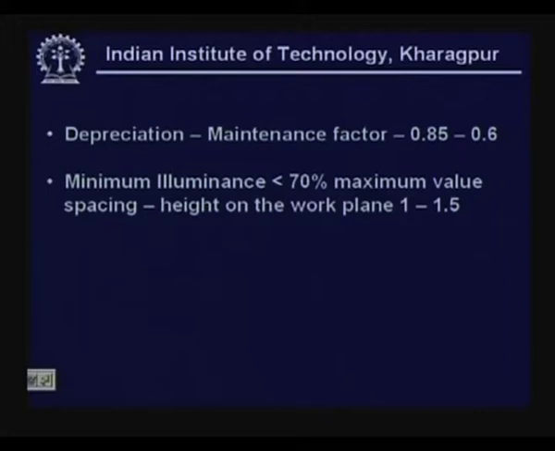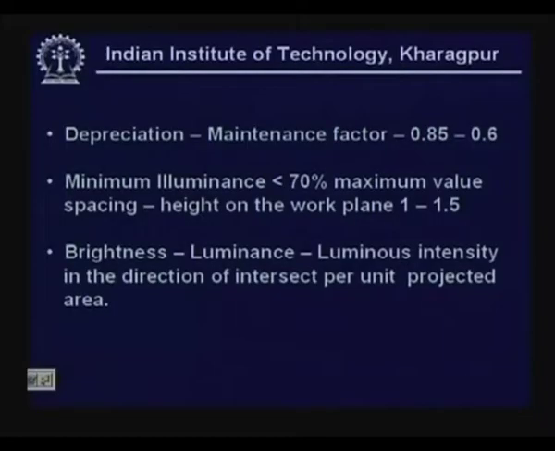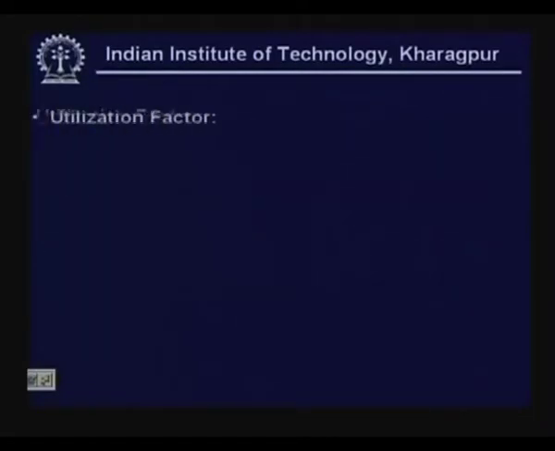Therefore, it should be assured that nowhere in the work area is it less than 70%, and this has in fact been found to be achievable if you have multiple lamps by keeping a 1 to 1.5 ratio between spacing to height on the work plane when you have to use multiple, and this applies for point sources, not for line sources. And of course, brightness, luminance, we have already defined.